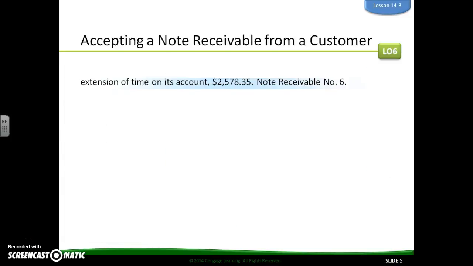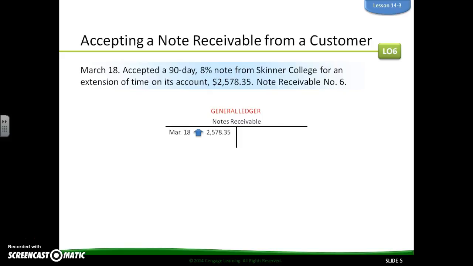So accepting a note receivable from a customer, we want to make sure that we go ahead and put this in our general journal. So on March 18th, we accepted that 90-day note at 8% from Skinner College for an extension of time on their account. So in the general journal, you can see that a debit is going to be to notes receivable, and then the credit is going to be to accounts receivable.